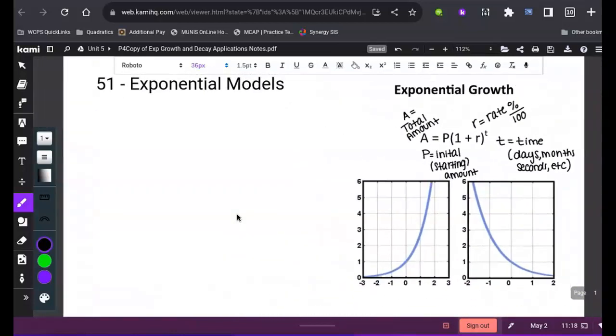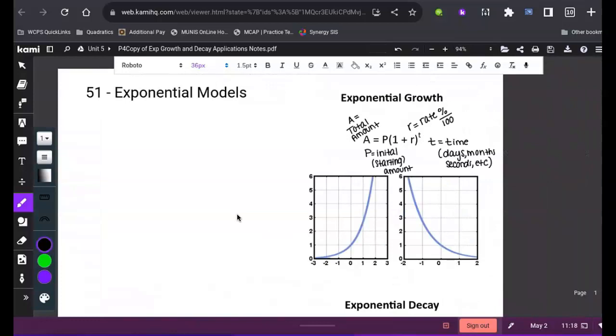So looking at the two graphs, this graph is increasing, so it represents our exponential growth. And we'll look at exponential decay another day.